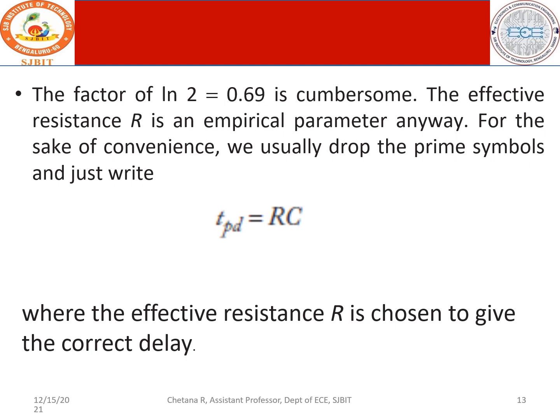So we finally restrict ourselves and neglect that ln 2 parameter, and therefore the propagation delay is given as only RC, where R is the effective resistance. Finally we conclude that delay can be calculated using this representation, RC.